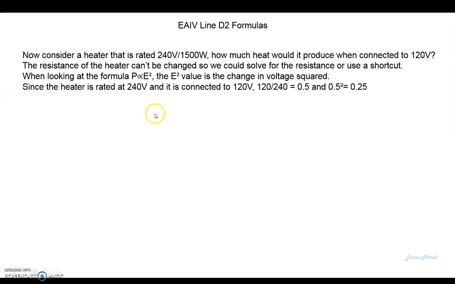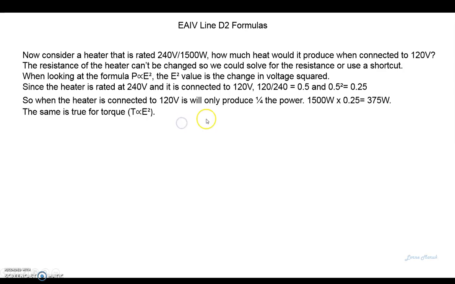So since the heater is rated at 240, I would take 120 divided by 240, which is half the voltage, square that value, and we can see that it's 0.25, which is 1/4 of the power. So when connected to 120 volts, this heater will only produce 1/4 of the power, 375 watts.